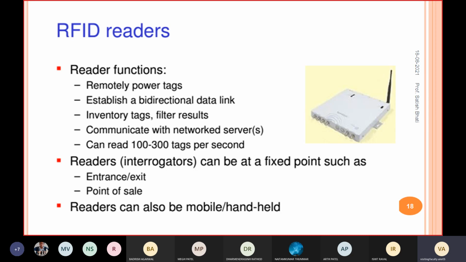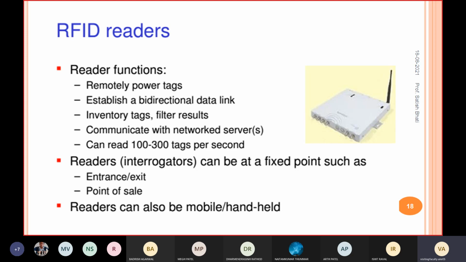Inventory tag filter results: it may have some filter, so it will do some filtering of the data, or filtering of the tags. It will also communicate with the server. If you want to store or analyze the data, the reader will send the data to your computer workstation or server.